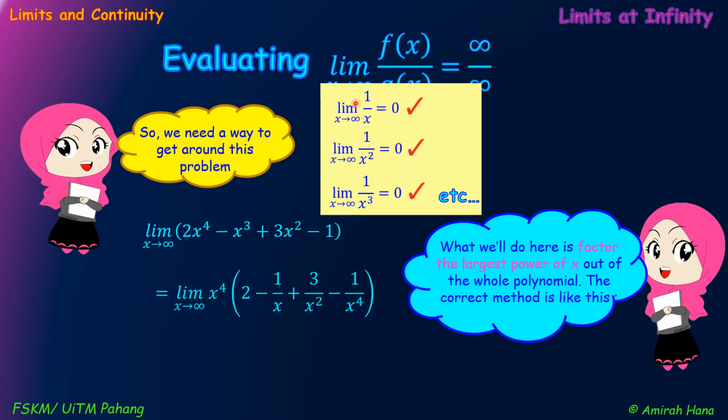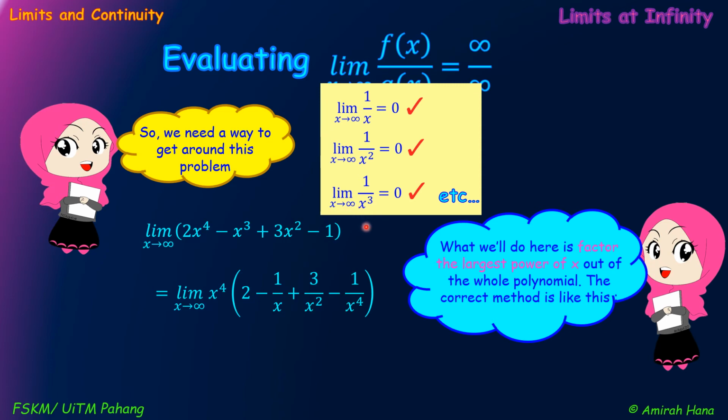From the previous video, we have discussed limit x approaches infinity 1 over x equals 0. This is true, okay? Limit x approaches infinity 1 over x squared is also equal to 0. Limit x approaches infinity 1 over x cubed is also equal to 0 and so on. Right? Let's say if we have any constant in the numerator here, and then divide by x cubed here, we still get 0 if we evaluate the limit as x approaches infinity.